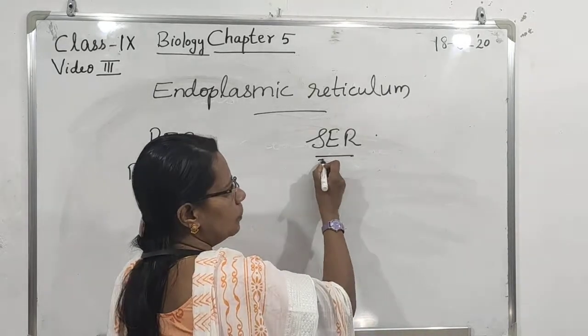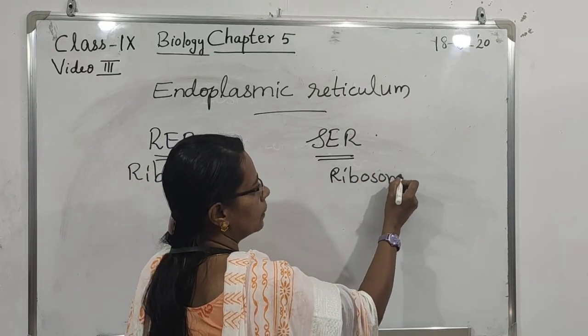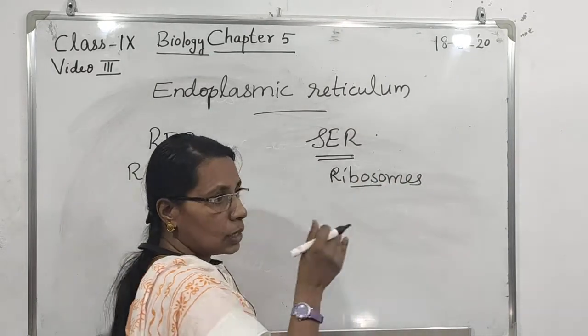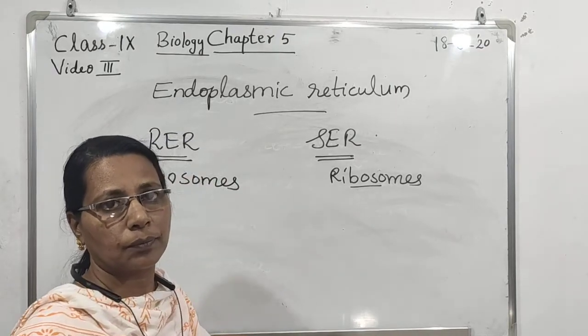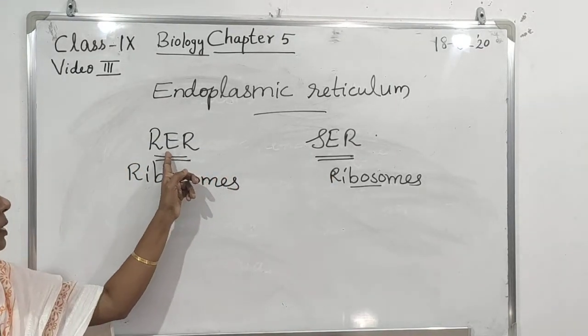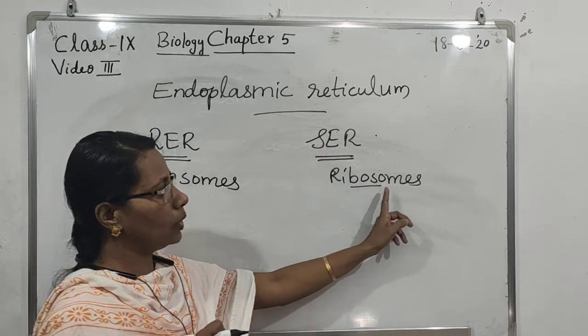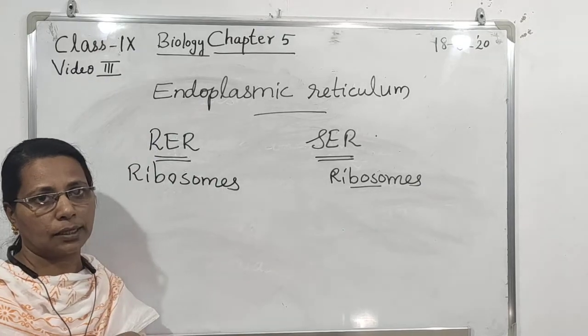Here the ribosomes are absent, so it looks smooth. Okay, that is the main difference: in rough endoplasmic reticulum ribosomes are present, and in smooth endoplasmic reticulum ribosomes are absent.